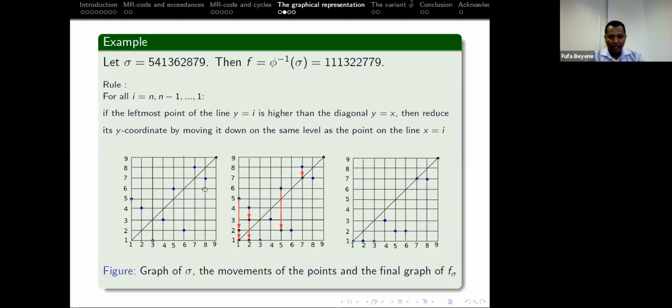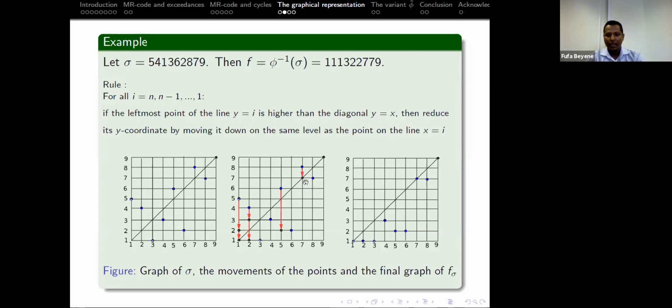So from this, at 9, sigma of 9 is 9, exactly on the diagonal. So for i equal to 9, nothing happens and our point remains there. For i equal to 8, we have this point, which is above the diagonal. So now we move this point to the level x equals 8.